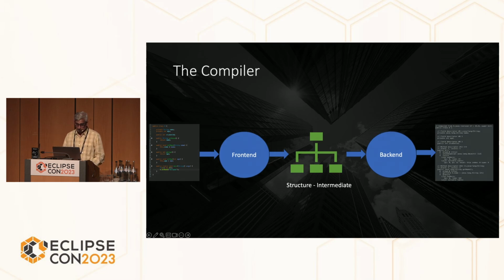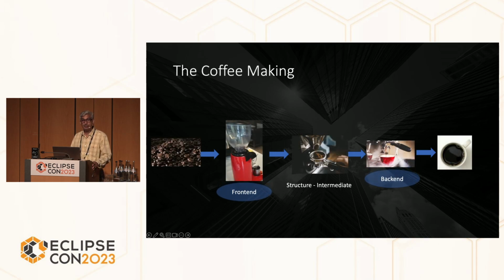It's akin to a coffee making process. On the left are the beans, the source code. The front end is the grinder, where you decide whether you want espresso or filter coffee. The intermediate structure, I know it doesn't look like a tree at all, it's just coffee powder, but that's the intermediate representation.